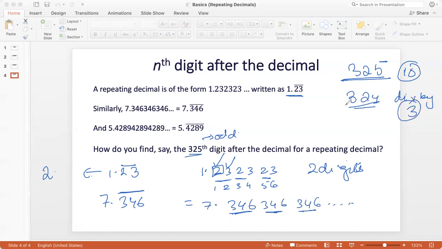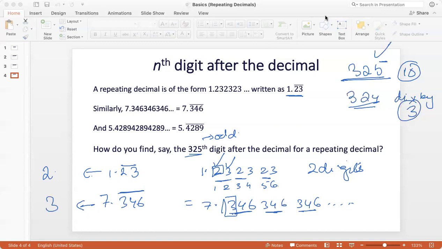Because when you add the digits of 324, you get 9, because divisibility by 3 is checked by adding the digits of the number. Which means that at 324, these 3-digit stacks will finish. So I'll start a new stack at the 325th digit, and that will be 3 again. So the 325th digit for this repeating decimal would be 3.